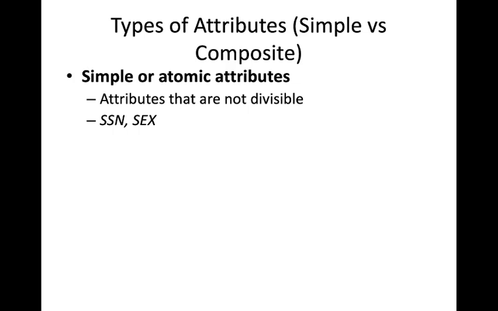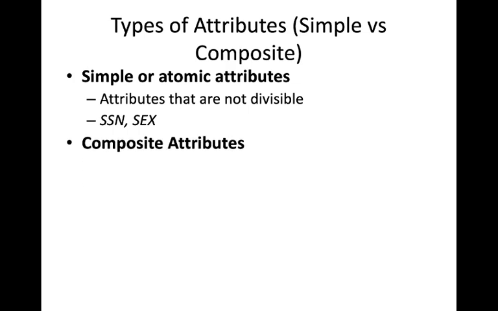It is a unique number that we cannot divide. Similarly, the sex of a person, male or female, cannot be divided again. Only a particular value will be there for a particular person.